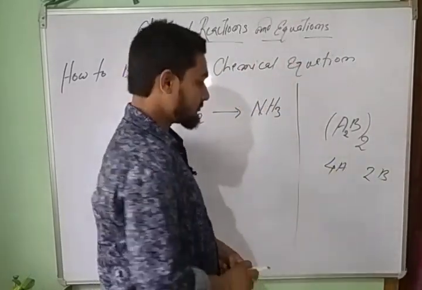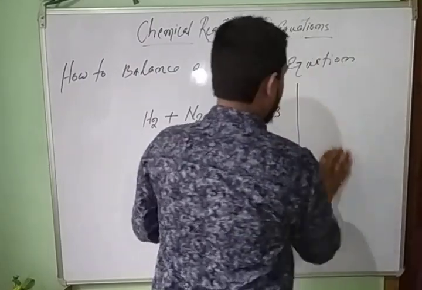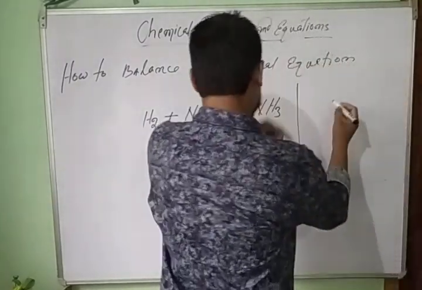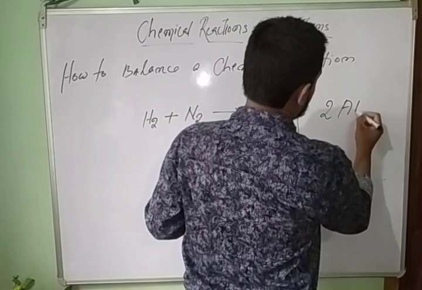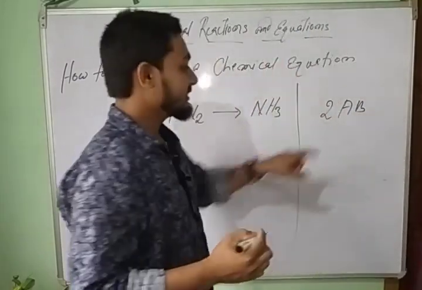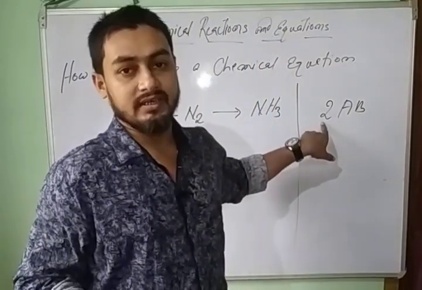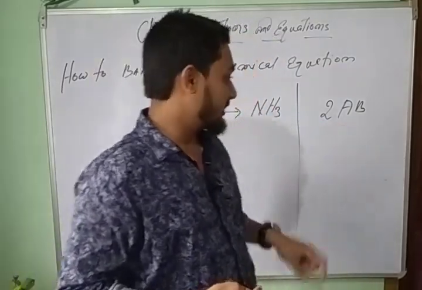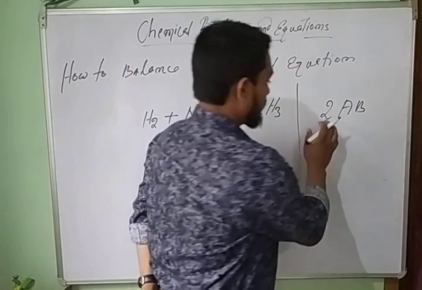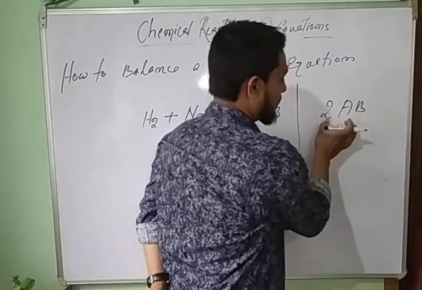Again another case you may find: AB and a common coefficient for both A and B. Here the number of A is 2 1s are 2.